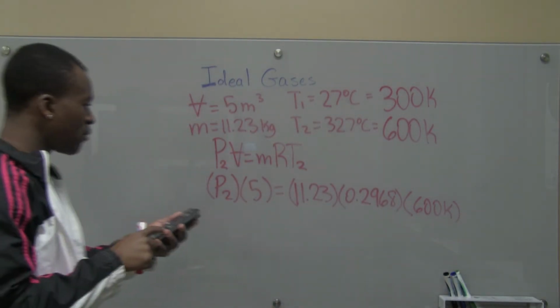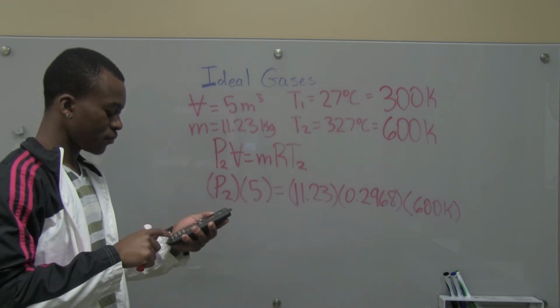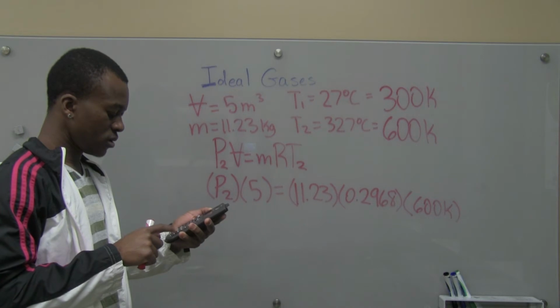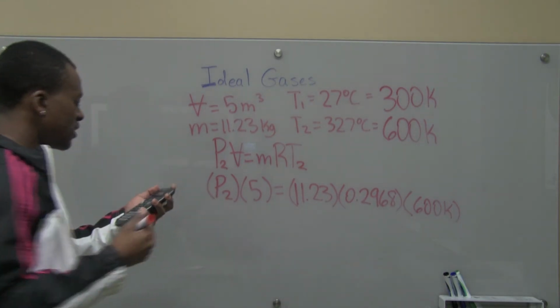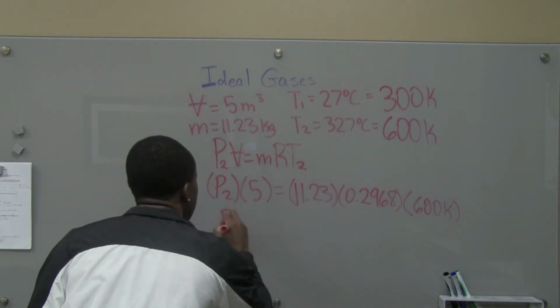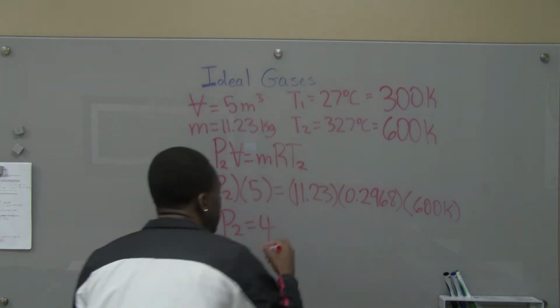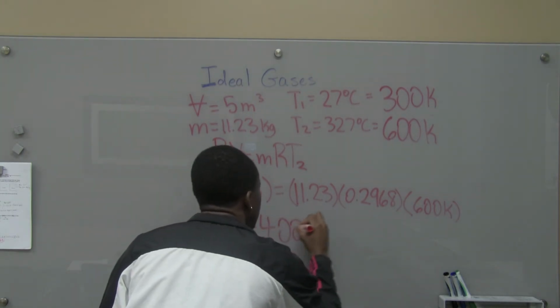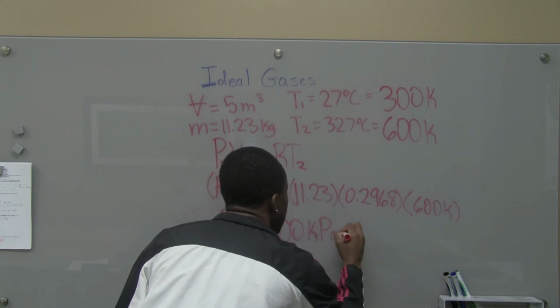Now, when we multiply this through, we get about 400 kilopascals. Rounding, it's 399.97, but that's 400 kilopascals.